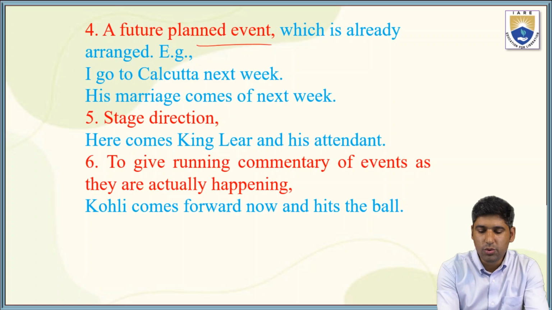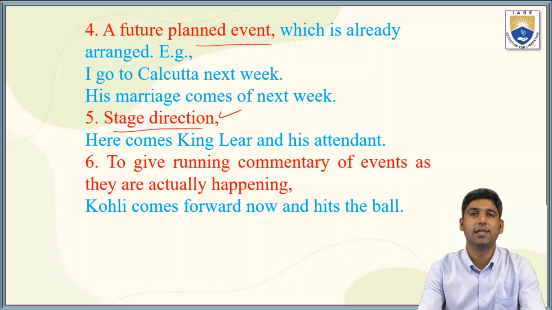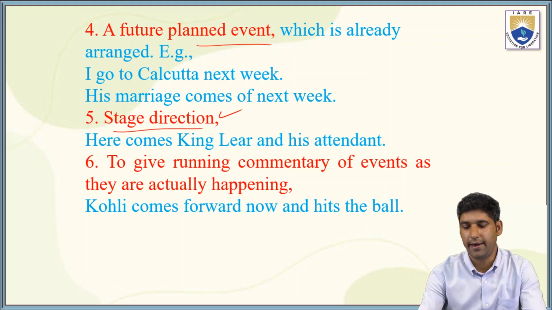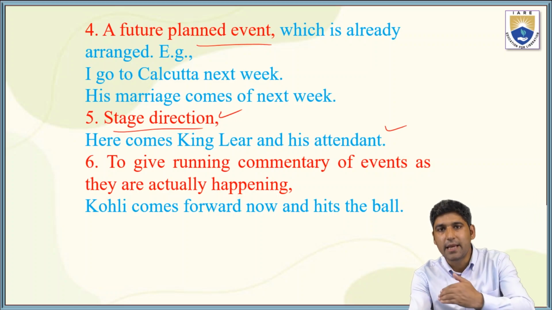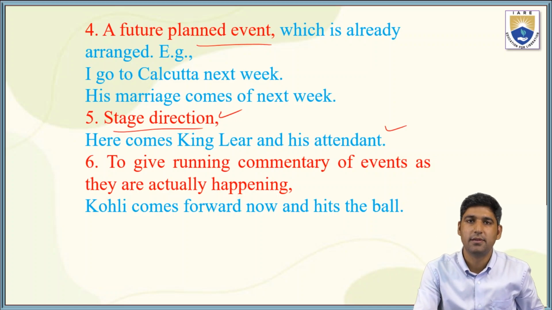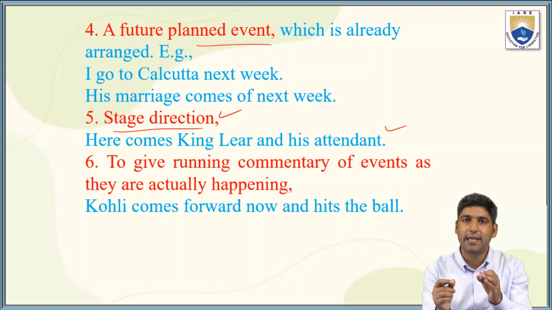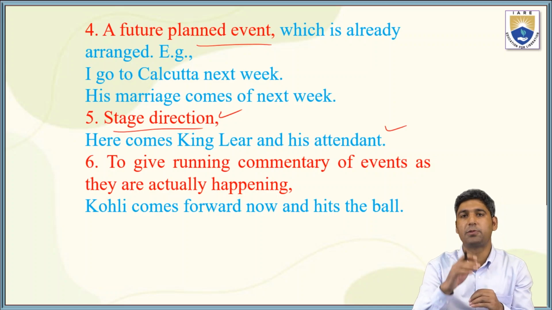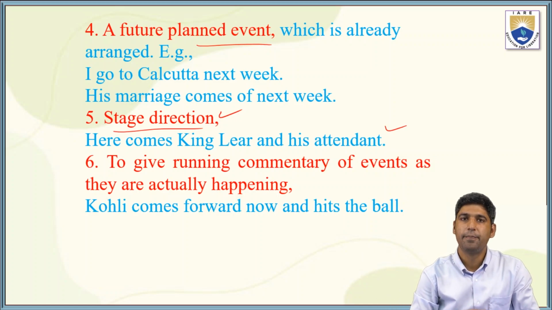And it can be used for stage direction. For stage directions, we use present indefinite tense, like, here comes King Lear and his attendant. Here comes. So when a person is doing some activity, we should use present continuous tense, showing the activity which is happening at the time of speaking. Now somebody is coming on the stage.